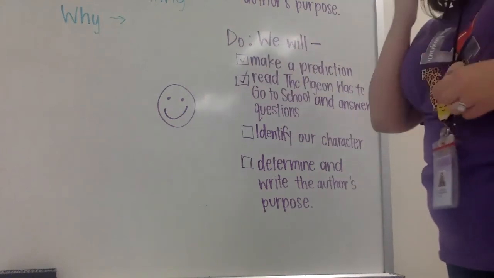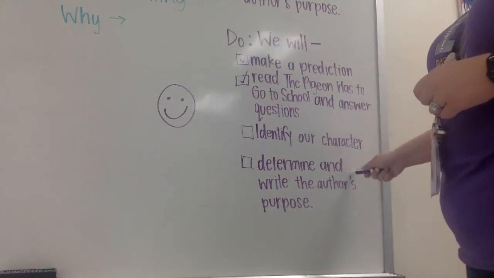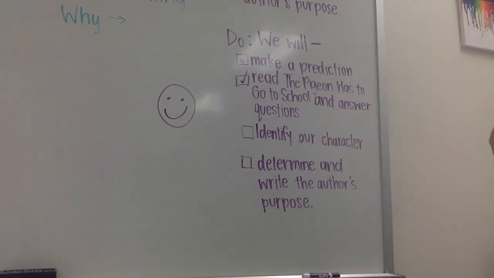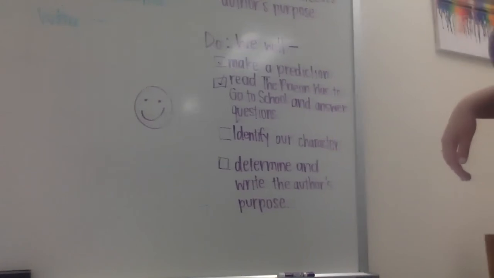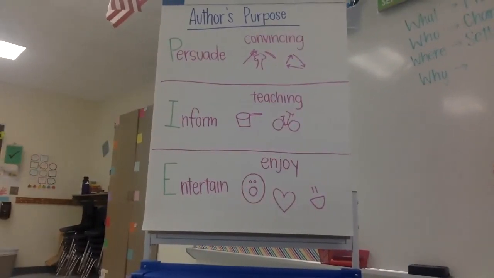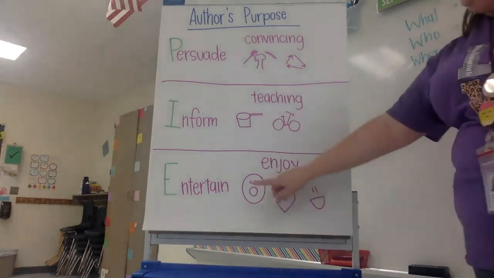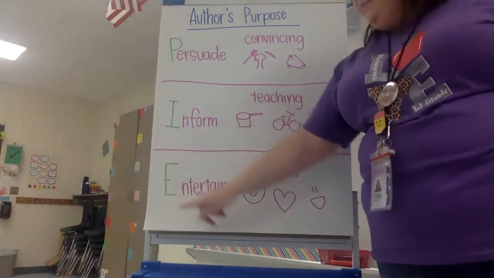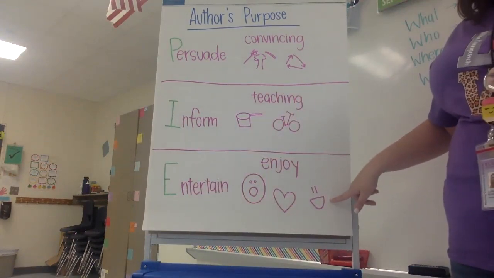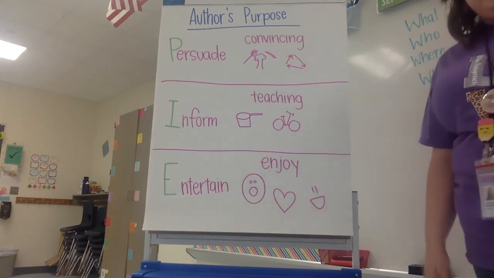So we're going to go on and identify our character and determine the author's purpose. So that's going to be in the next video. But for right now, go ahead back and check. Did you write down that fantasy is to entertain? Did you put your E? And did you do a smiley face to make sure that you know that this book, The Pigeon Has to Go to School, is making us happy?